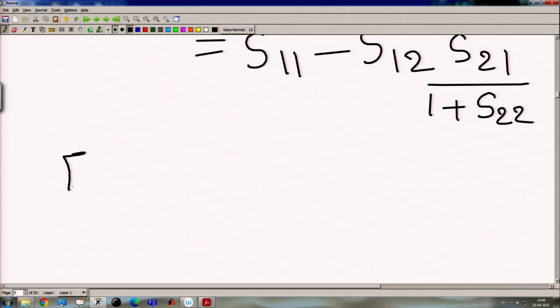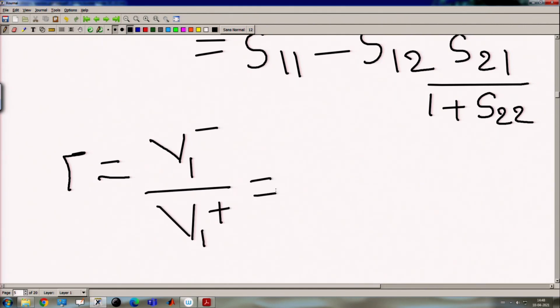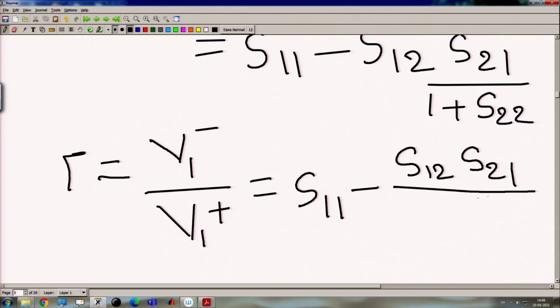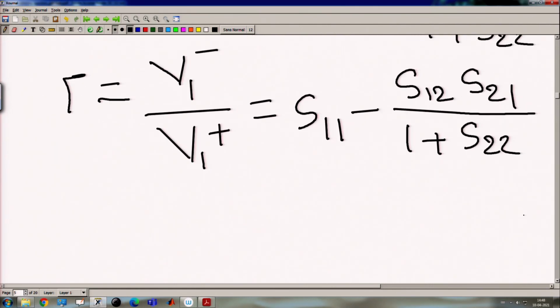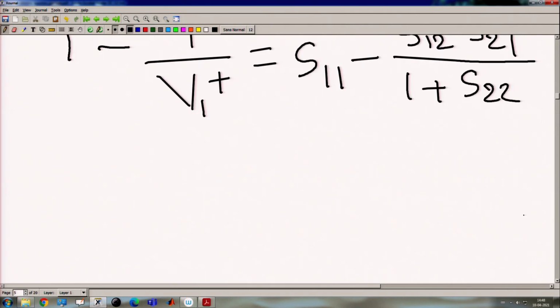So, gamma is equal to V1 minus divided by V1 plus equal to S11 minus S12 S21 divided by 1 plus S22. Now, all the values of S11, S12, S21, S22 we can substitute from the matrix given in the problem.